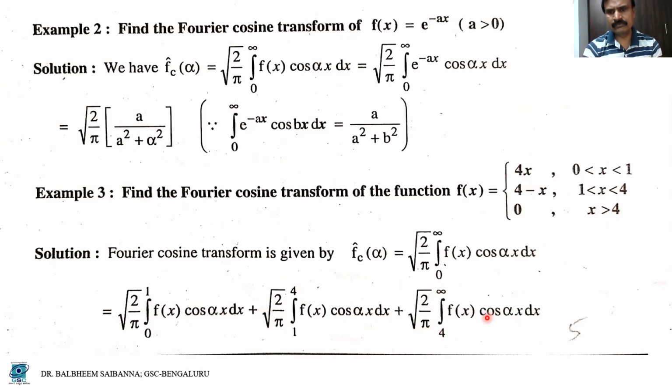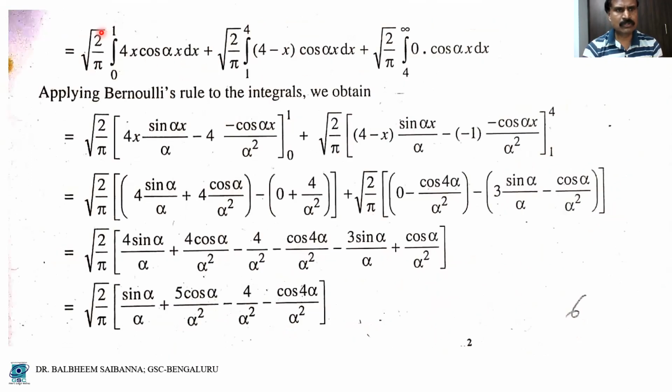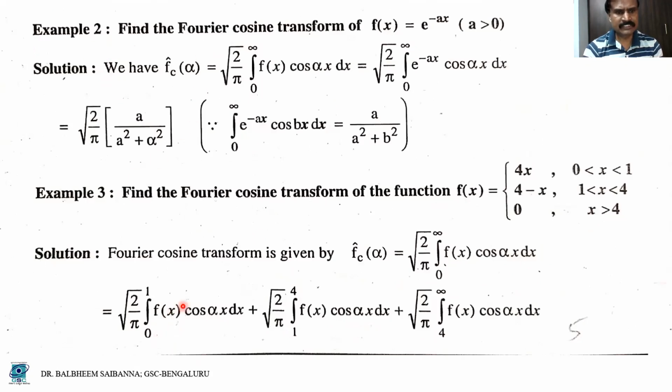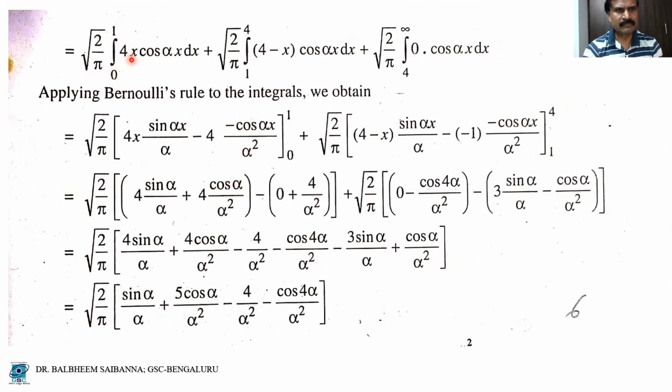So root 2 by pi as it is, 0 to 1: what is f of x? In the 0 to 1 limit it is 4x, so we write 4x here. Next, from 1 to 4 the function is 4 minus x. And from 4 to infinity it is 0, which means that whole integral is 0.